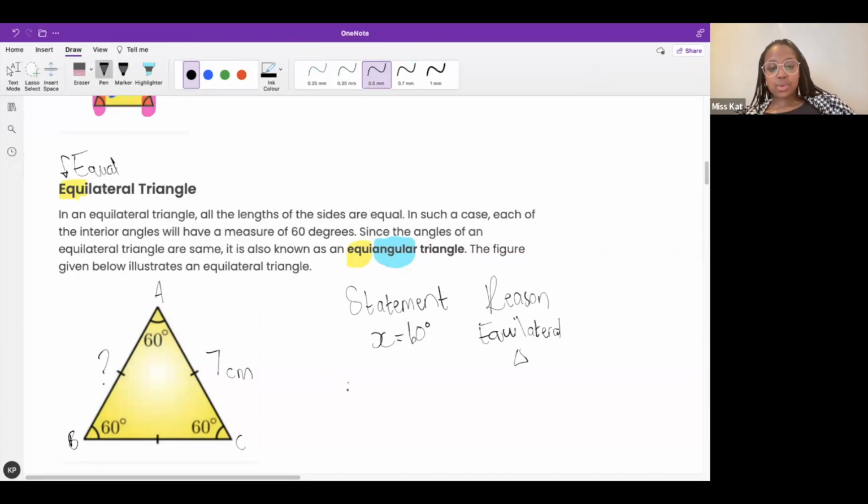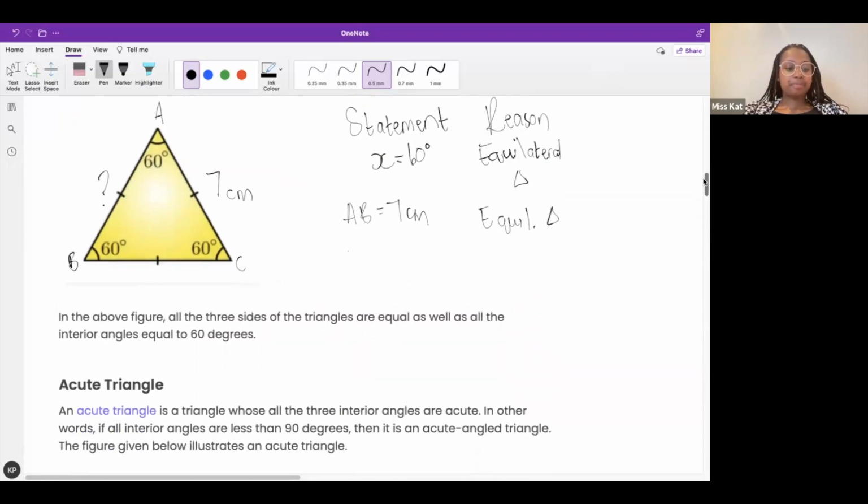If this was a question, you can say, therefore, AB is 7 centimeters, and your reason? Equilateral triangle. I hope Sive understands what we mean here, but I'll give you a nice sheet that gives you all of the reasons.